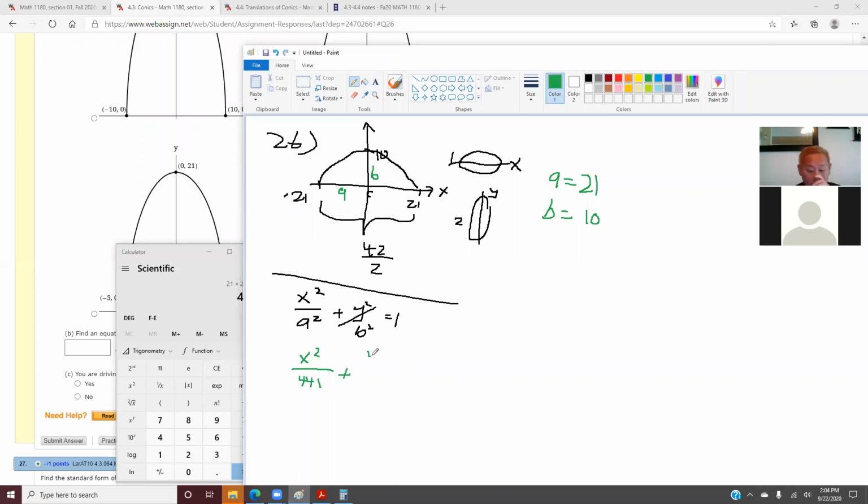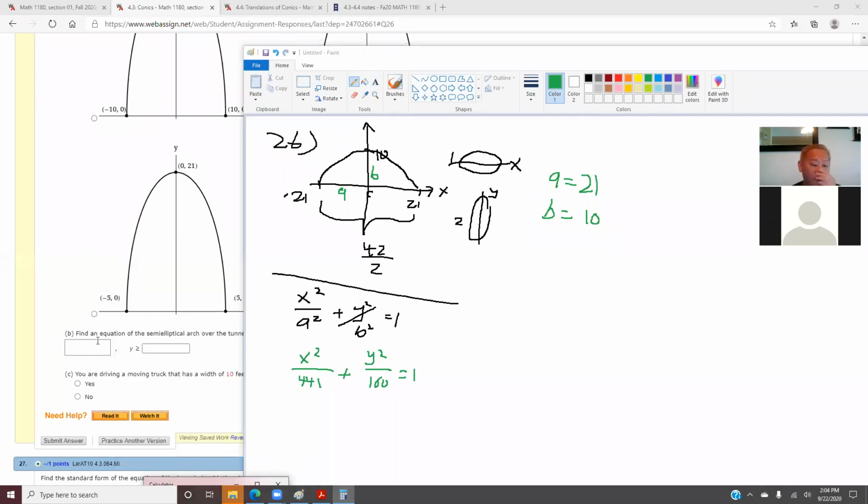Plus y squared over B squared, B will be 10, so 10 squared is 100, equals 1. So is this the correct equation for B? Is that how we do question B? This is the equation. Then we'll talk about this one later on. Is this a correct answer? No. This is not the correct answer. Does anyone here know why that is not the correct answer?